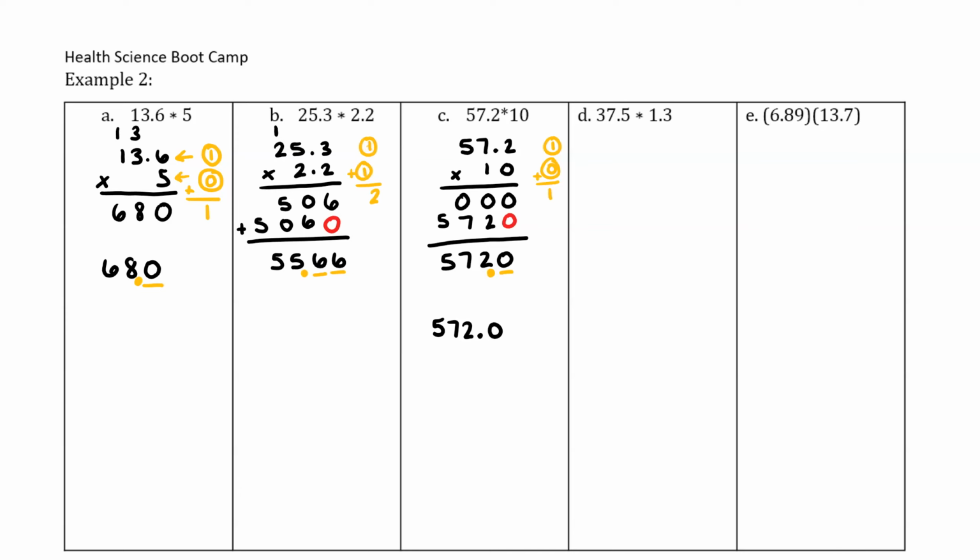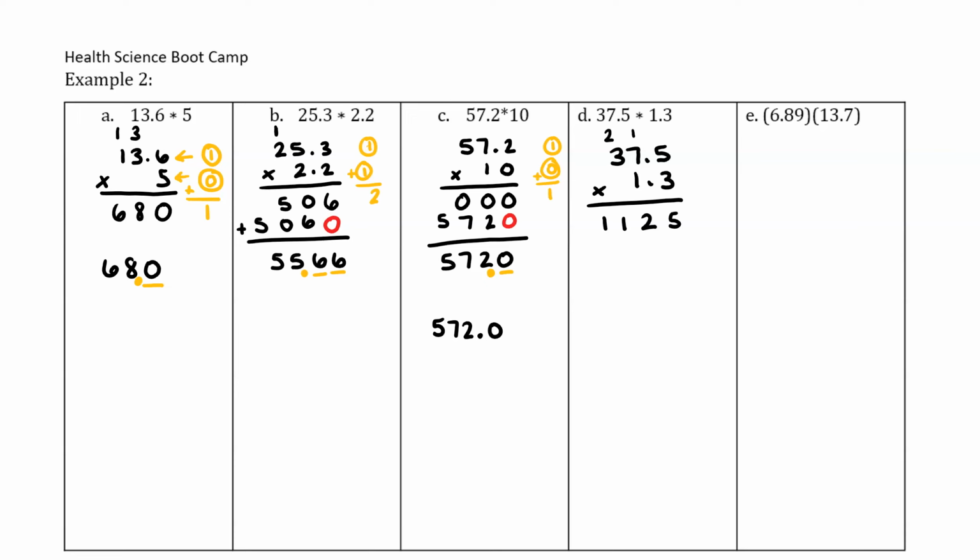Let's try again. 37.5 times 1.3. So 3 times 5 makes 15. 5 is downstairs, 1 is up. 3 times 7 makes 21, plus that 1 upstairs makes 22. 2 is down, 2 is up. 3 times 3 makes 9, plus those 2 would make 10, 11, so 11.